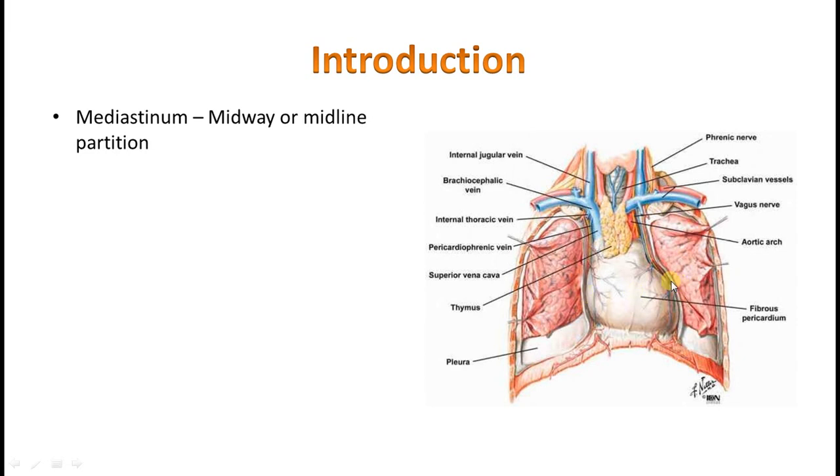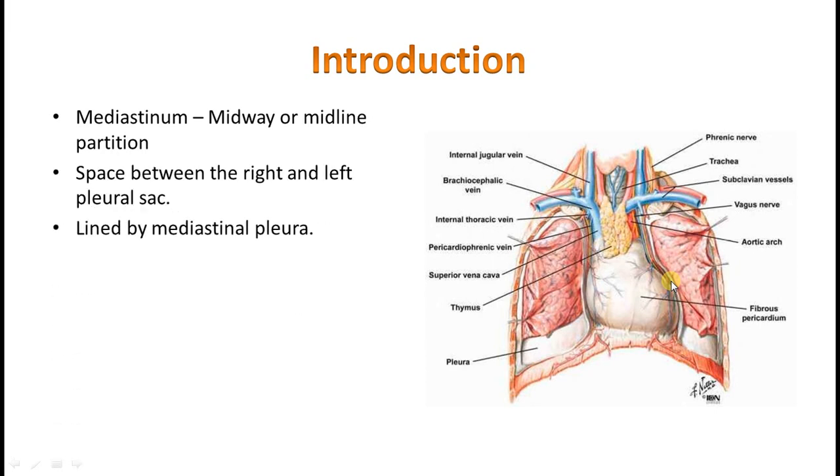The pleural cavities consist of the pleura, which is investing the lungs. The mediastinum on either side is lined by a subdivision of the parietal pleura, which is the mediastinal pleura.